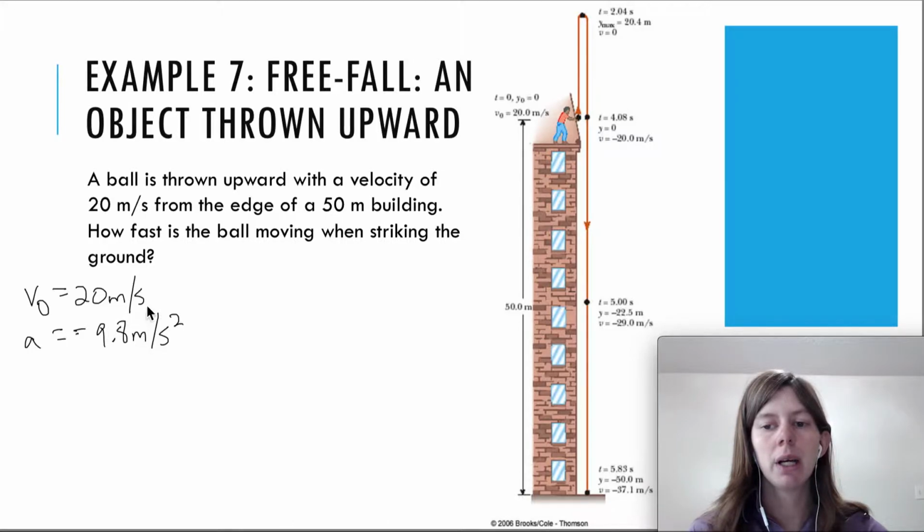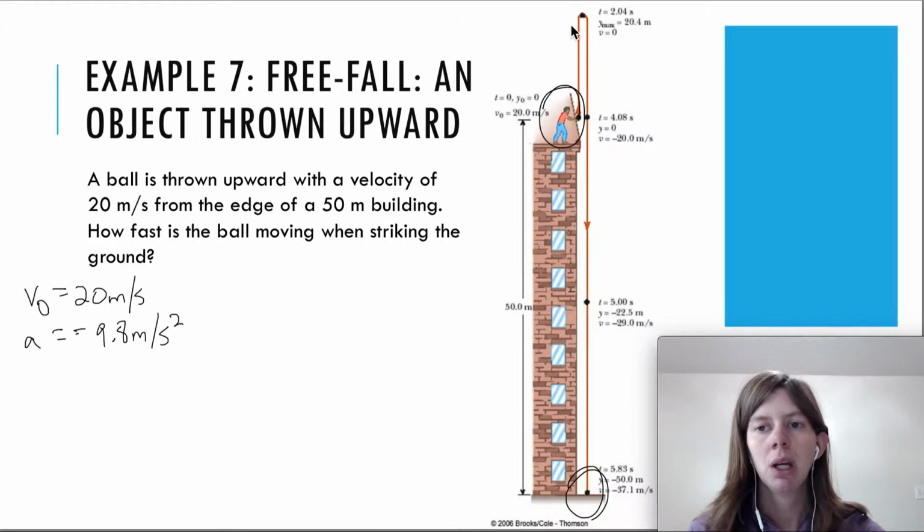So you've really got to make sure that you realize what part of the problem we care about. We care about how fast it's moving when it strikes the ground right here. And we are given some information right here when it's thrown upward from the building. So really, we really don't care about anything that happens up here.